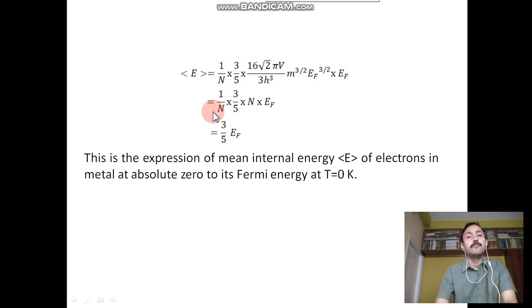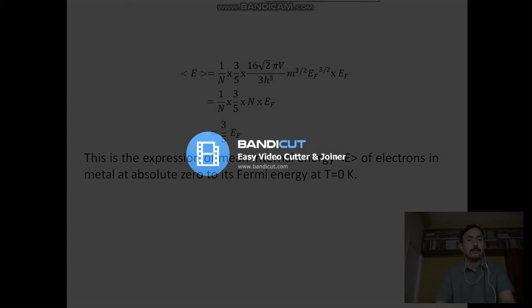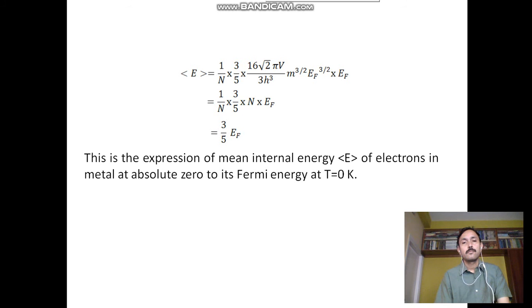So average energy becomes 3 by 5 of Fermi energy. This is the expression of mean internal energy Ē of electrons in a metal at absolute zero, in terms of its Fermi energy at T equal to 0 K.